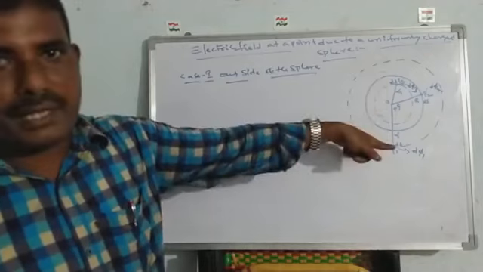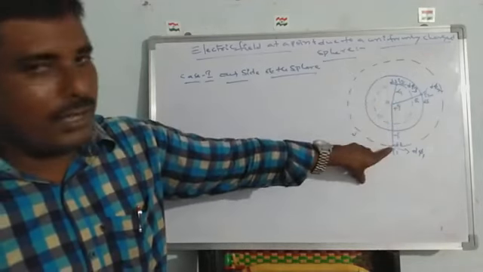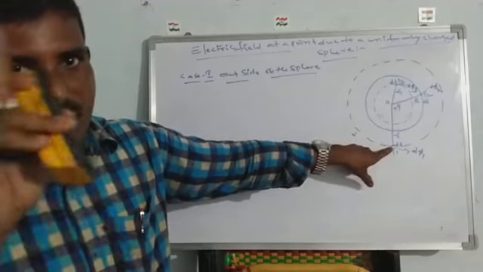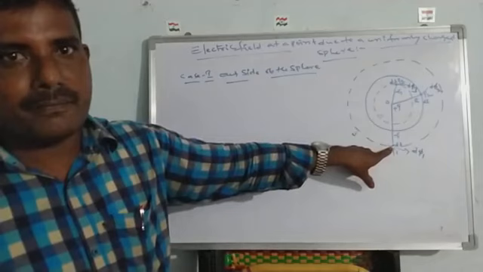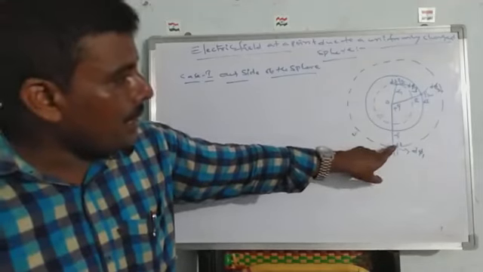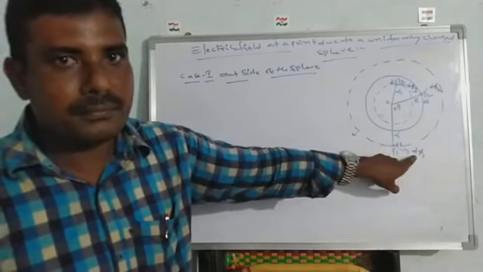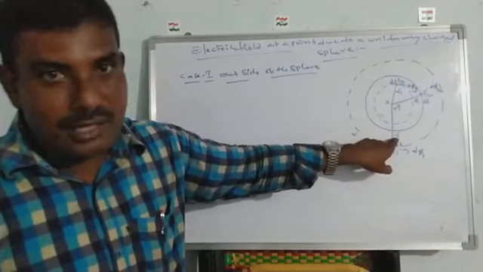From the figure we can clearly observe the point P1 is located on the imaginary Gaussian surface. The flux through an elemental area is d phi 1, where the distance is r.